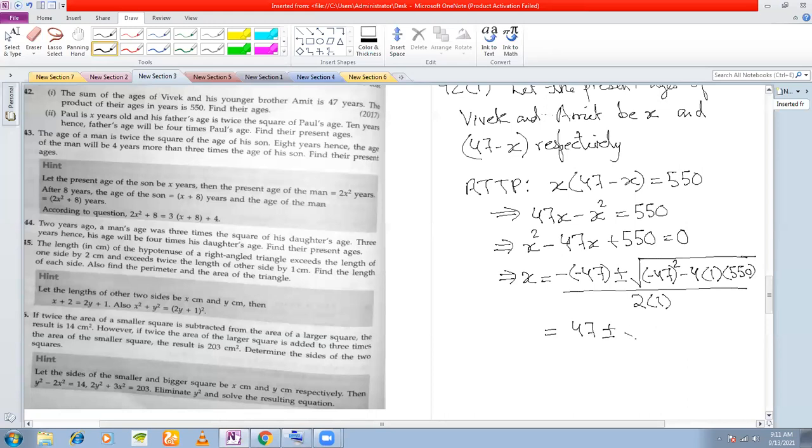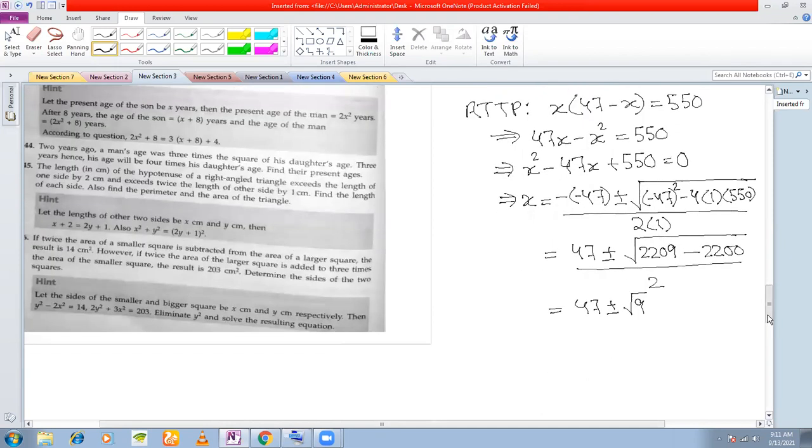plus or minus 47 square is 2209 minus, and 4 into 550 will give you 2200. Subtract, you will simply get 9.